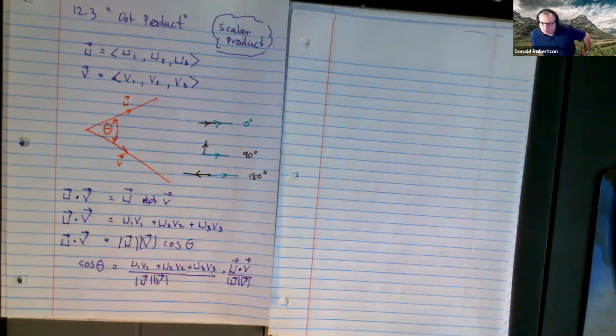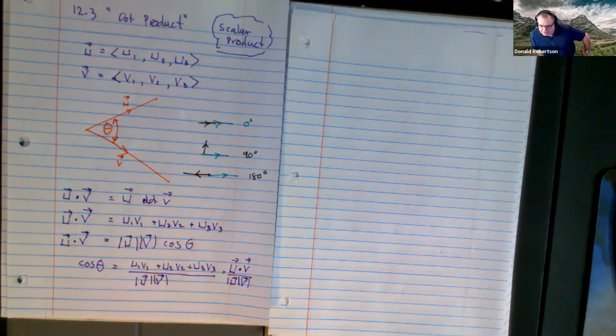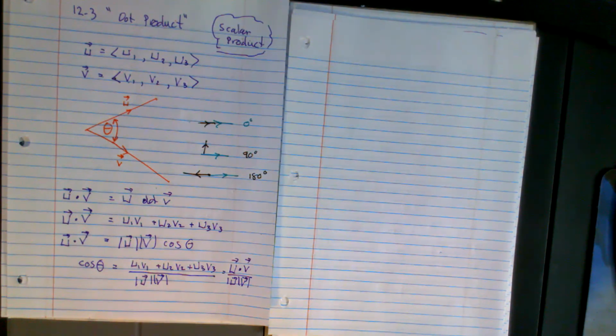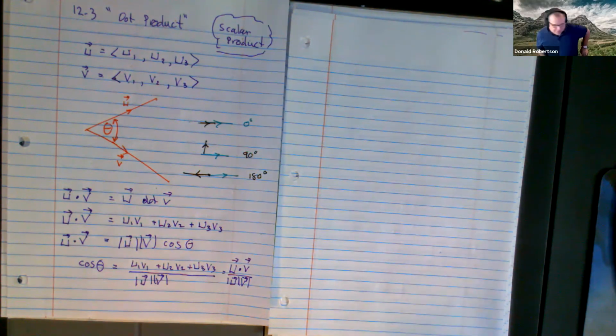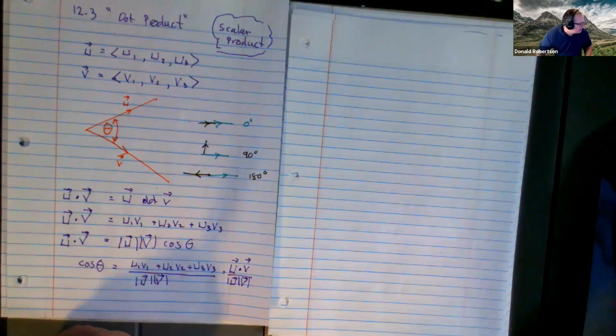Have you lot only done it with 2D, or do you do it with 3D? I've only done it with 2D. Only with 2D. Would you agree that moving it to 3D is no biggie? It almost appears the same as 2D. It is. It's just an extra number, right? Maybe visualizing it's a little bit harder, but that's fine.